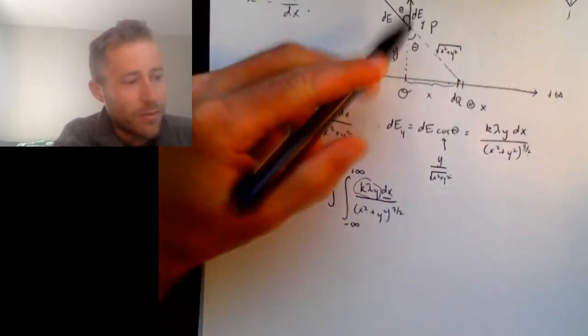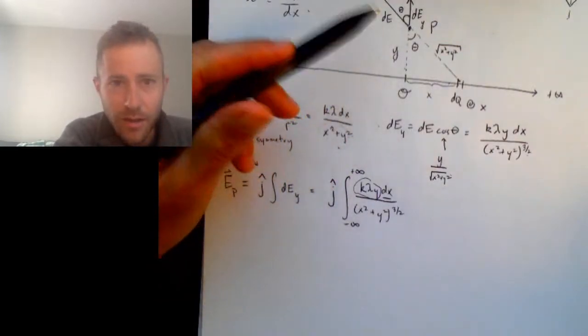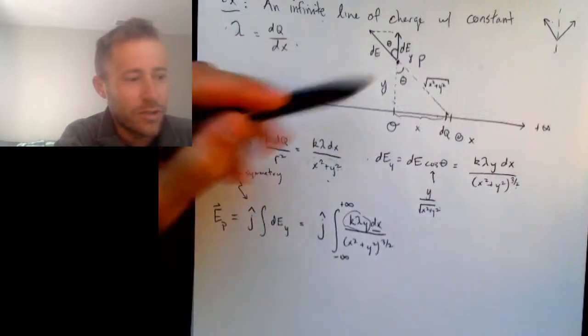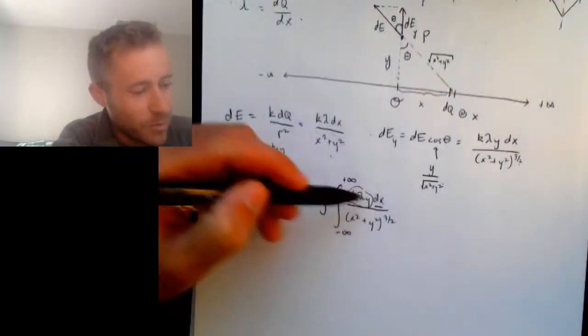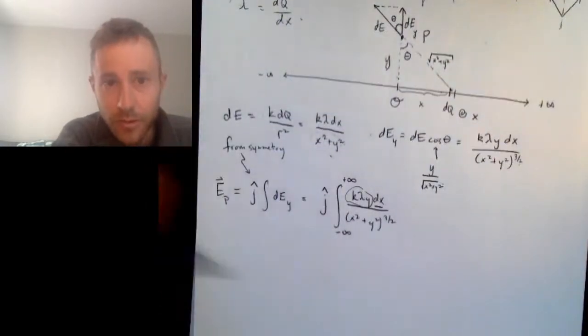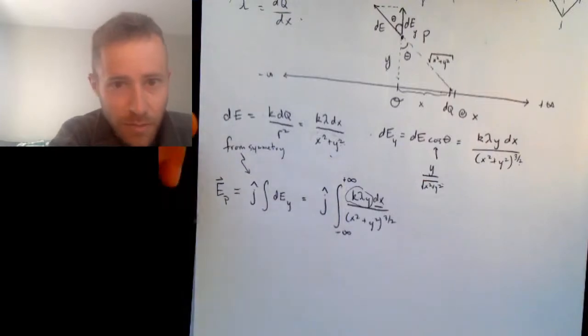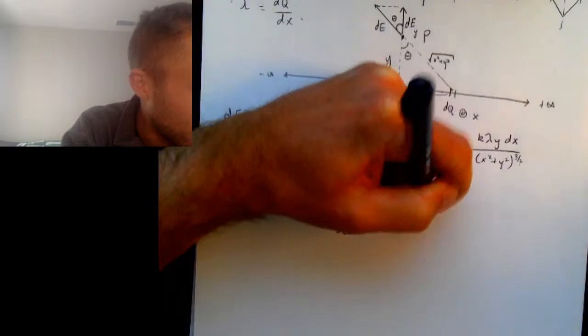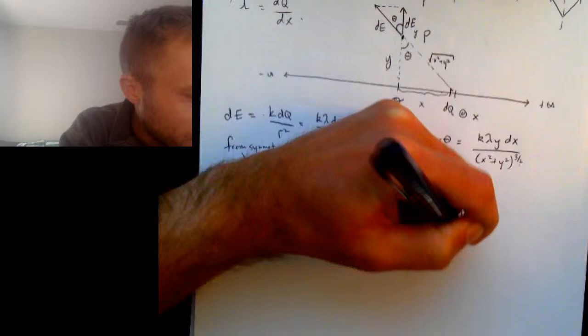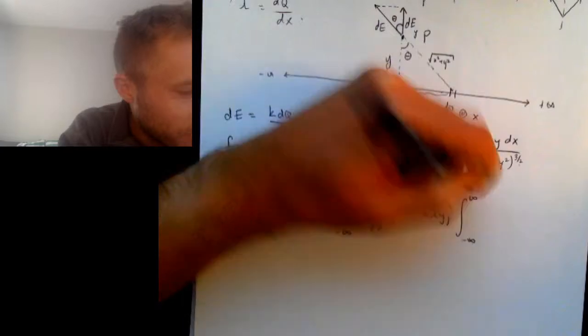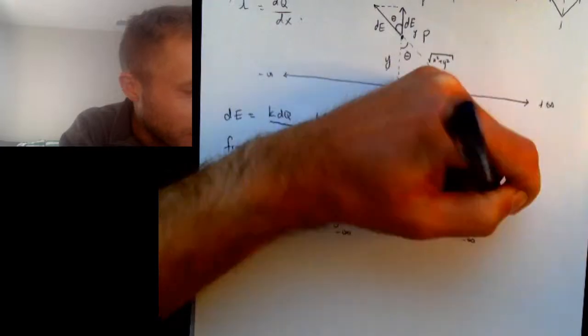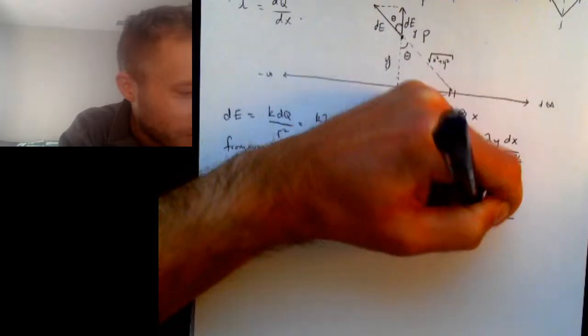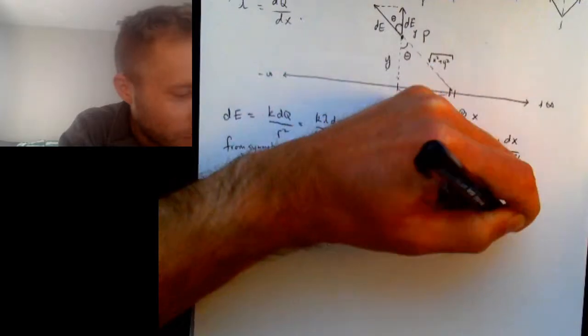If this infinite line of charge had a charge density that depended on position, we wouldn't be able to factor out the lambda, but I'm saying that it's constant. So I get k lambda y times the integral from minus infinity to infinity of dx over x squared plus y squared to the 3/2.